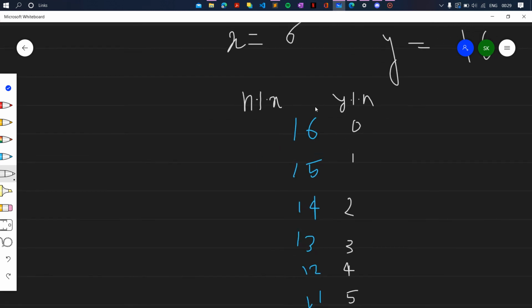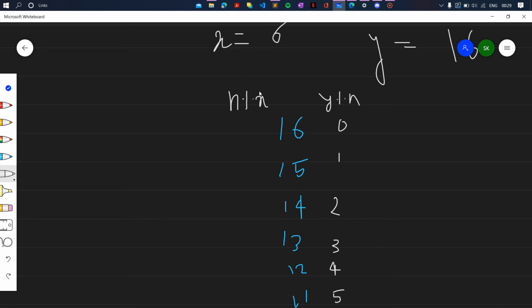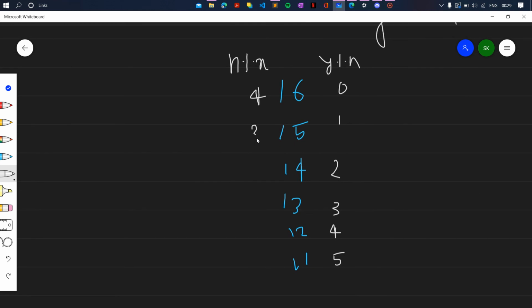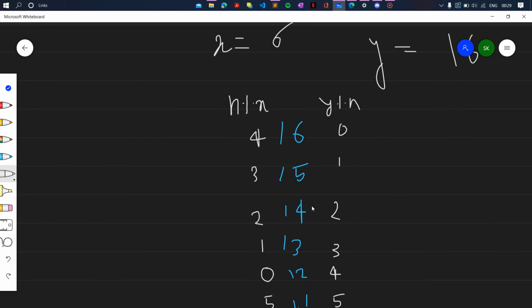Now n mod x: 16 mod 6 is 4, then 3, 2, 1, 0, and again 5. So 14 is our required answer.